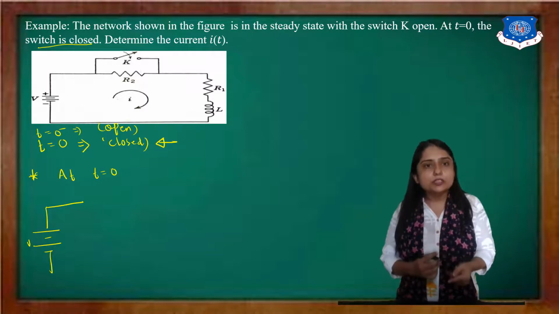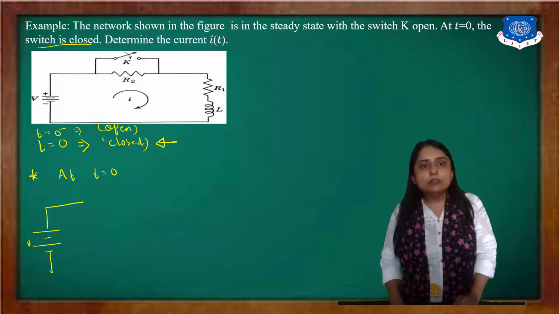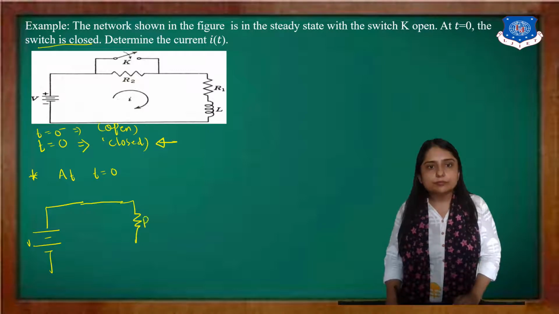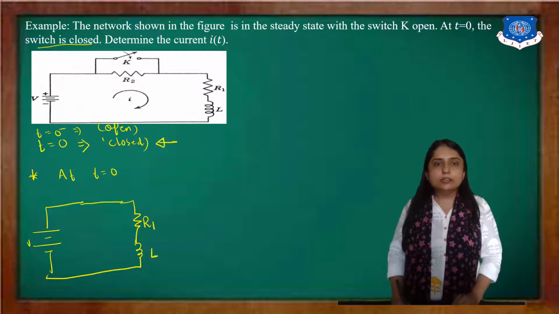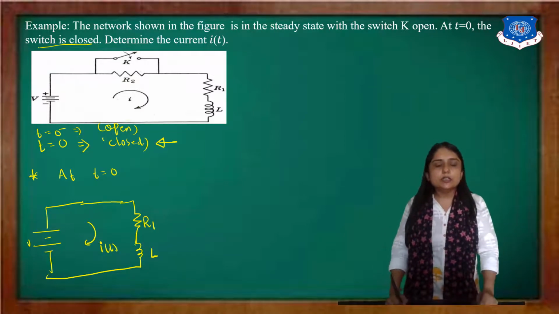But you can apply this logic whenever one path resistance equals 0. So here one path resistance is 0, so we can simply remove R2, or neglect the resistor R2. Then we have R1 and this inductor L, and this current is i of t, or you can simply write i.